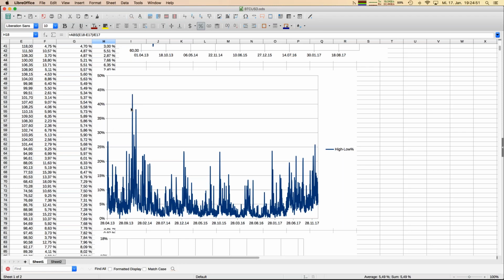We have had up to nearly 50% changes within a single day. So it's a difference between high minus low. And for the last couple of months, the overall volatility has been increasing, and you see typical values are 10 or maybe up to 20% difference between high and low, which is crazy.